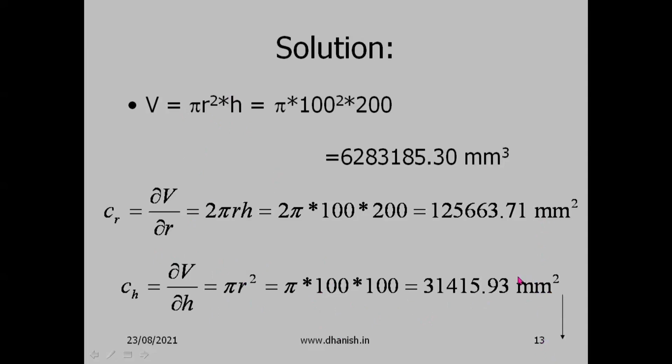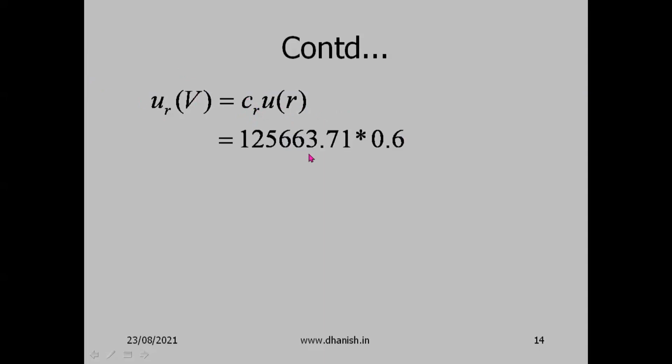Now we have to use the RSS formula and determine the combined standard uncertainty in volume. So first, again there is another notation. Uncertainty of volume due to radius is equal to CR into standard uncertainty of R, U of R. This means coefficient of sensitivity with respect to radius into U of R, the standard uncertainty of radius.